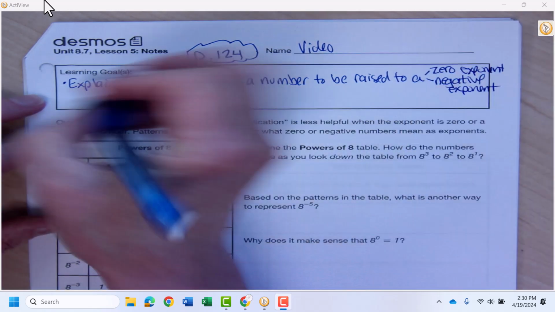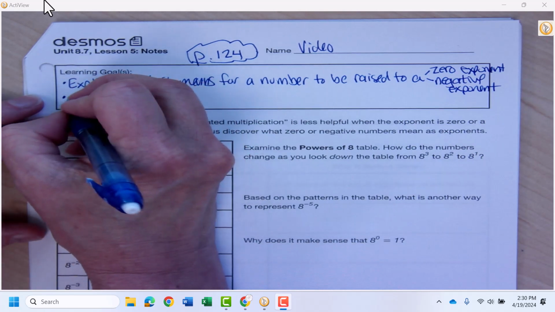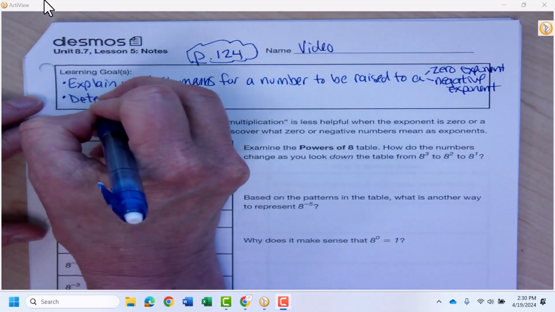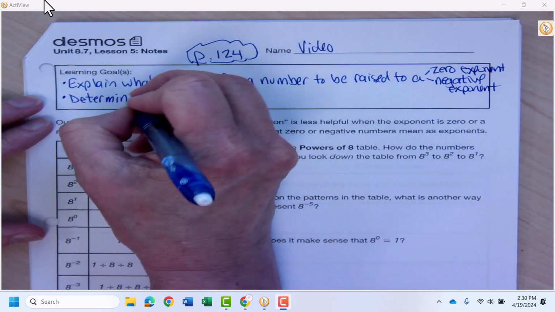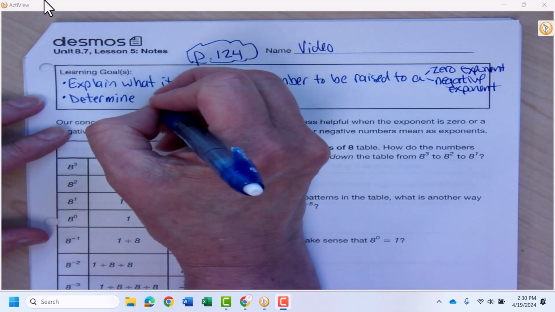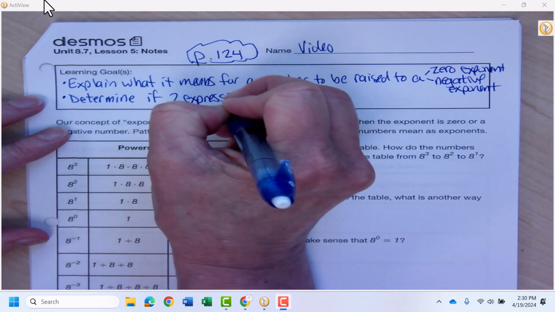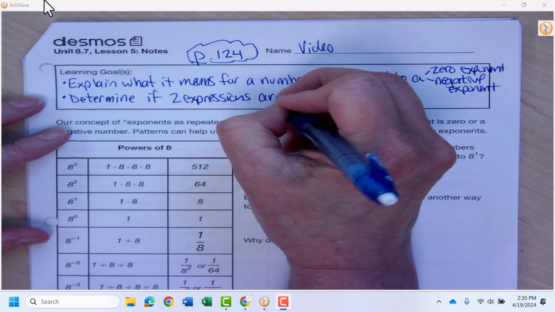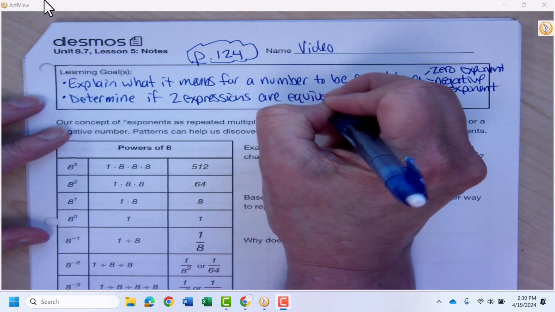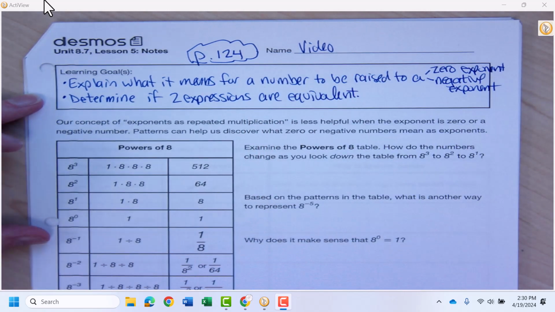That's the main thing that we're trying to do today, but you'll also need to be able to determine if two expressions are equivalent. Let's go ahead and get started.